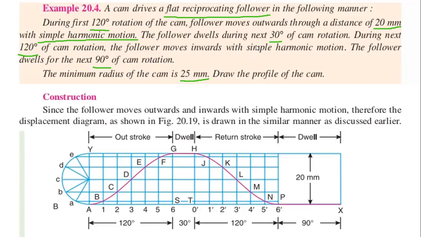Next is 30 degrees of dwell period, the next 120 degrees is the return stroke, and the last 90 degrees is again the dwell period. From these inputs, we have to draw the displacement diagram first. The bottom diagram is the displacement diagram.